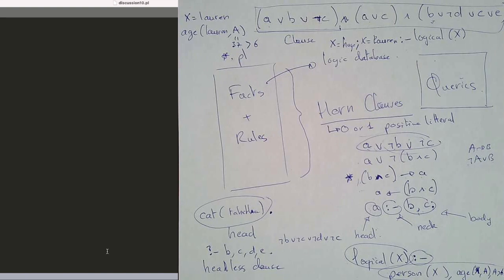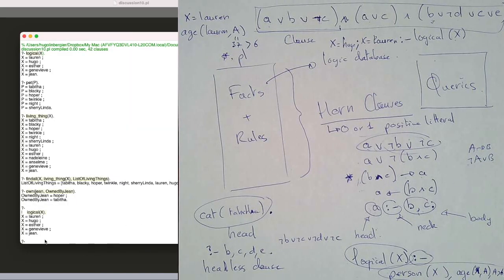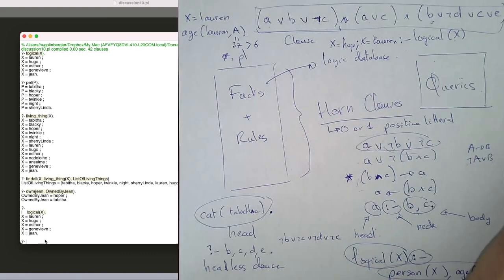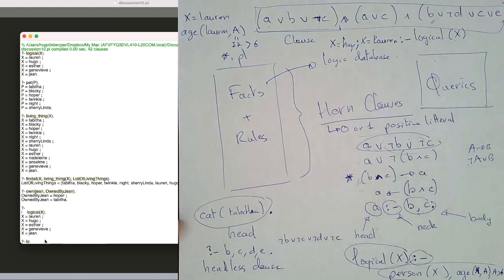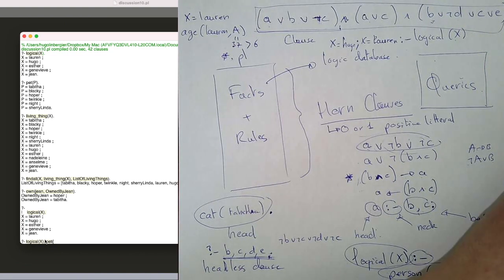If I have a query with multiple propositions, the way I have it here, it would be like this, for instance: I want X to be logical and X to also be a pet. That's what it would mean, right?